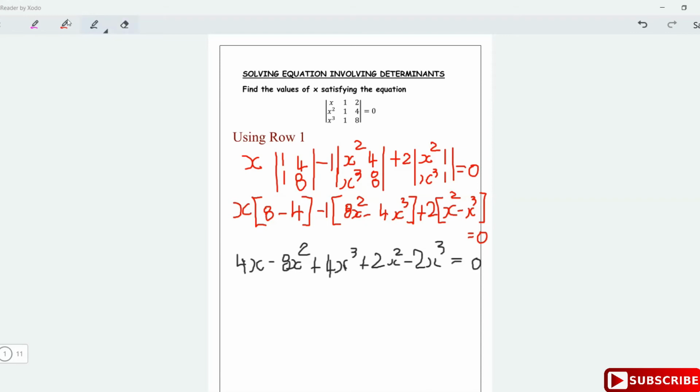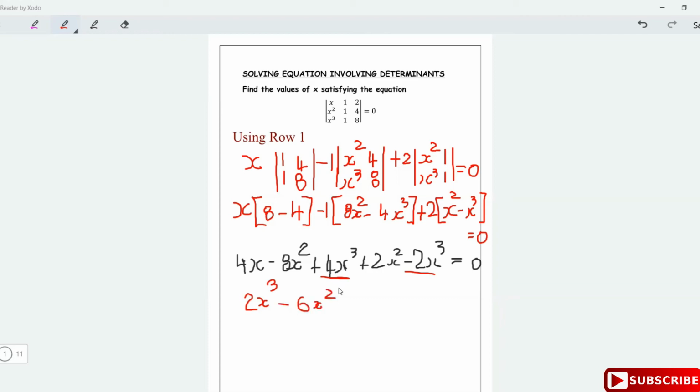Now I like to write it in descending powers of x. This 4x cubed and this minus 2x cubed, when you add them together, you get 2x cubed. Then minus 8x squared plus 2x squared is minus 6x squared.